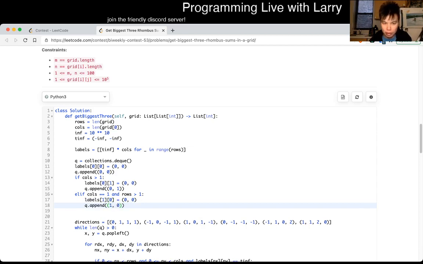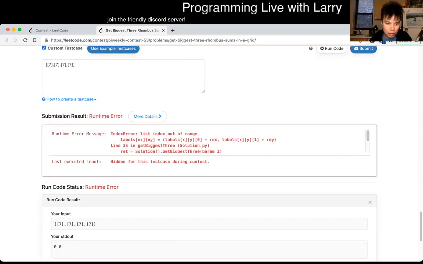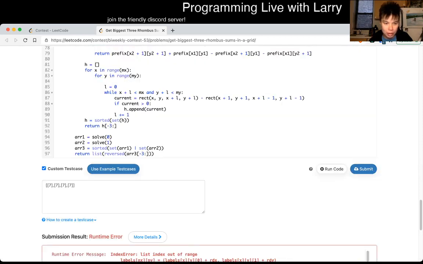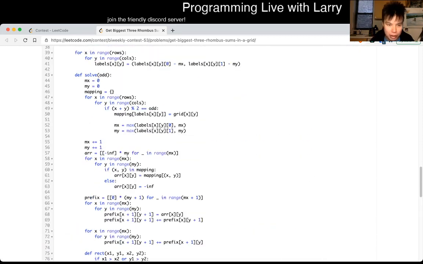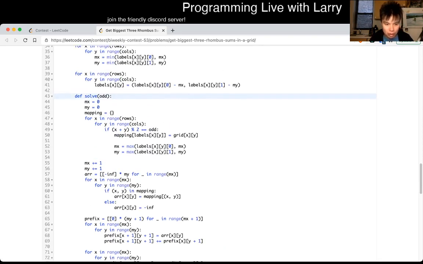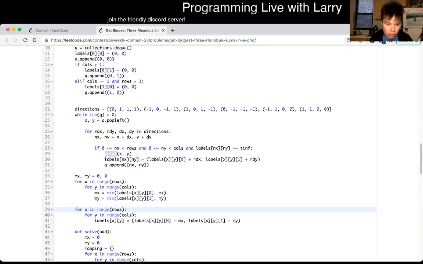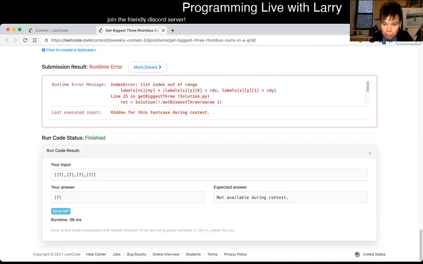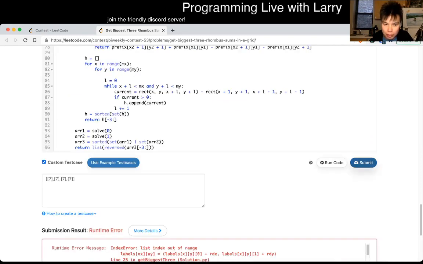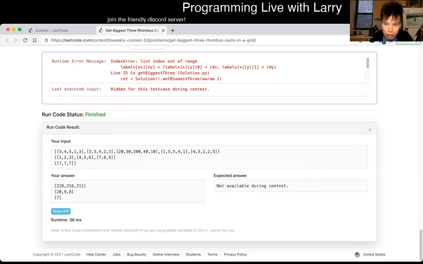It's fine. Everything is fine. Larry, you're being silly, but everything is fine. Let's remove this print statement before I get the wrong answer. Okay, everything still looks good.